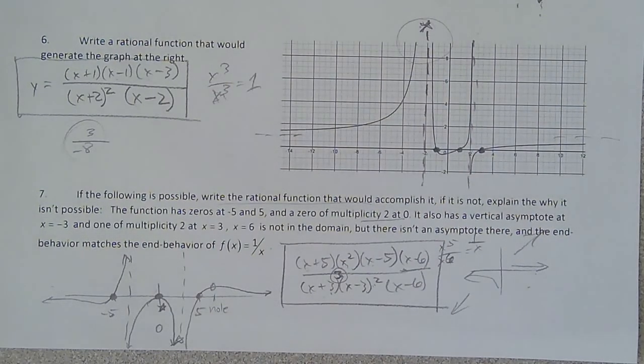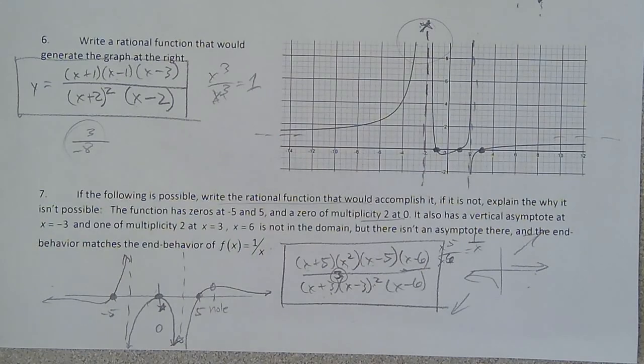All right, so let's zoom out a little bit and see what we've got. That looks pretty much like what I drew there. If we take this along here, at 6 it is undefined. The end behavior out here is approaching 0. End behavior out here is approaching 0. We cross at negative 5 or positive 5.